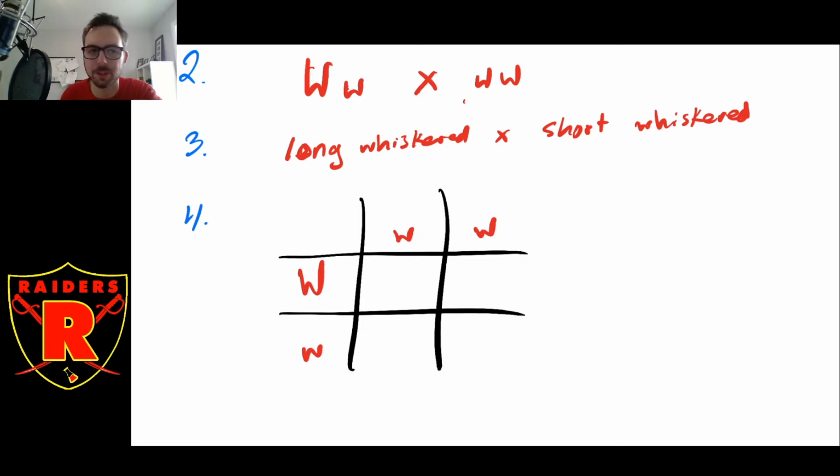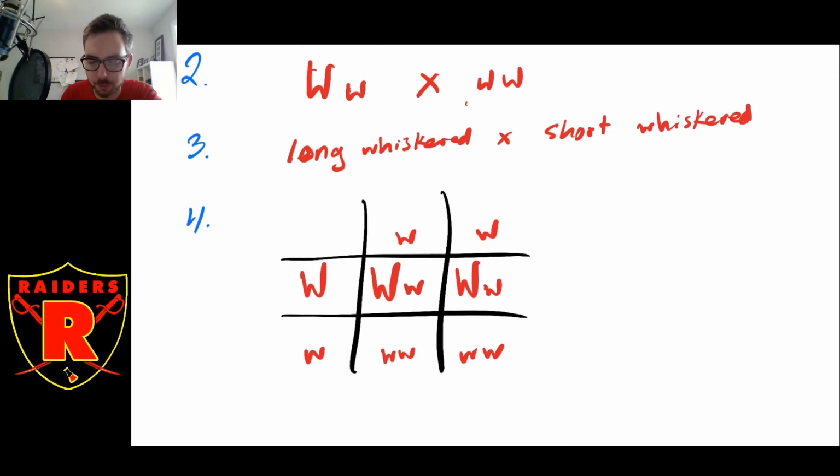What's on top and what's on the side doesn't really matter in this case. Just one parent goes on the top and one parent goes on the side. So when we do this, we're going to end up with big W, little w, big W, little w, little w, little w, and little w, little w. So that is our Punnett square.